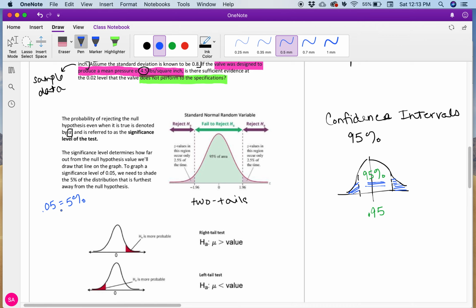We just rewrote it from a decimal to a percent. And that means 5% of the area is in the tails. And look, that means 95% of the area is in between the tails, or between those critical values. So same exact idea from confidence intervals. We're just looking at it in a different way. Instead of giving us the area directly in the middle, the significance level tells us the area in the tails.